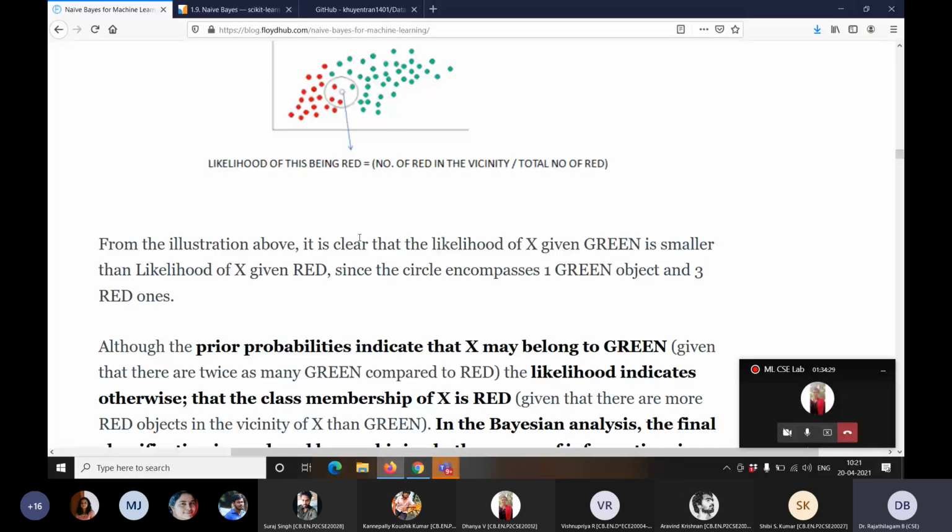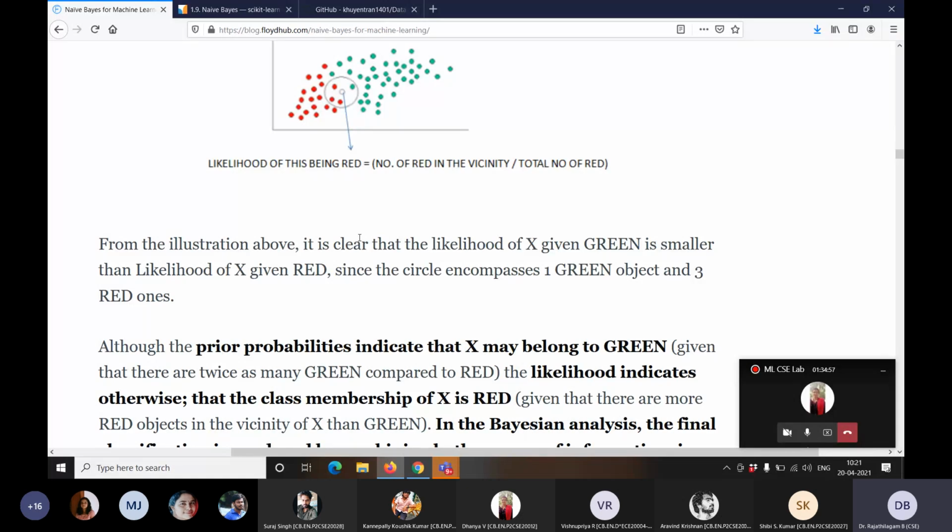Our prior probability is number of green by total number of objects, number of red by total number of objects. But in this case, it is the number of red in the neighborhood divided by the total number of red. That is the likelihood of red. For green, the likelihood of green means the number of green points in the neighborhood divided by the total number of green points.